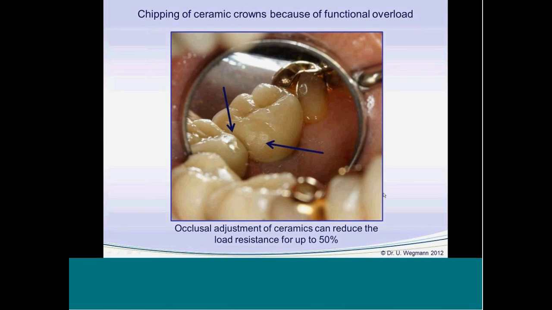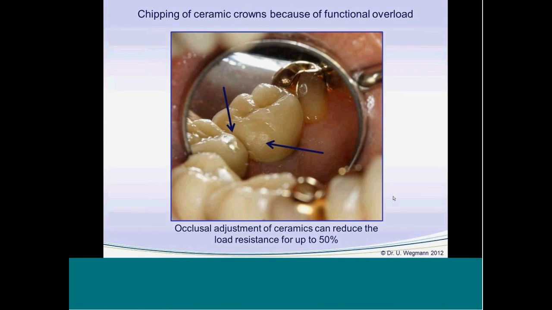And there's another problem with ceramics. Every time we grind on our ceramic crown to adjust the occlusal surface, we weaken the material. This can mean a reduction of the load resistance of up to 50%.